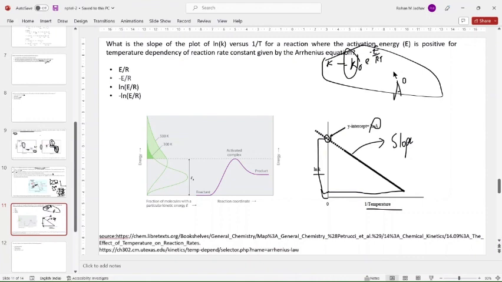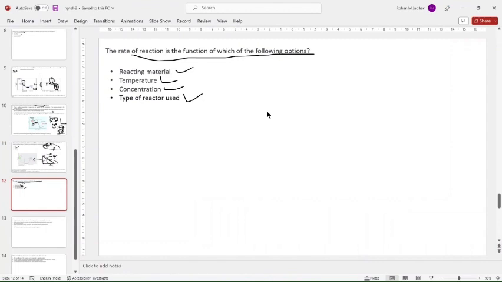If you just keep it exposed outside in the atmosphere, it will react with air or moisture and produce a lot of heat. So it's reacting by itself. So for reacting material, yes, the rate of reaction will depend on what kind of material it is and what kind of condition it is going through.